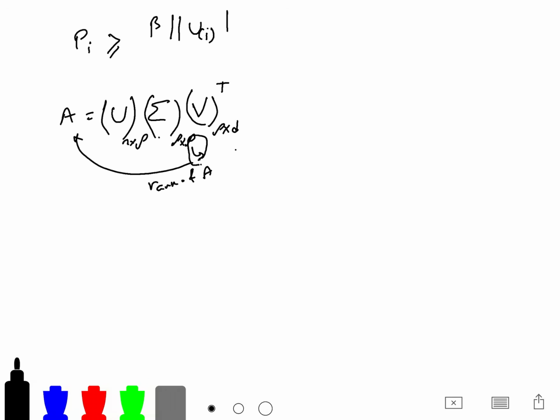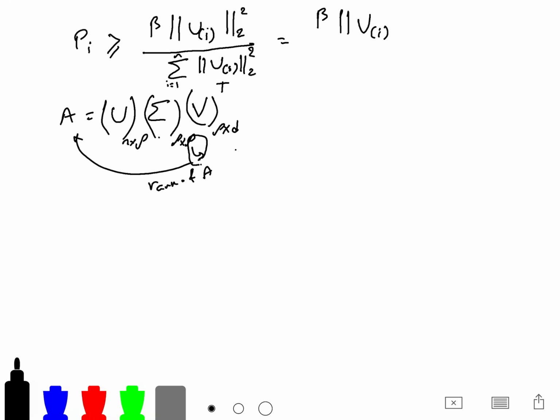So you just need to know that if your probability of selection is greater than beta times the sum of all norms of all eigenvectors, then this is beta times your leverage score.